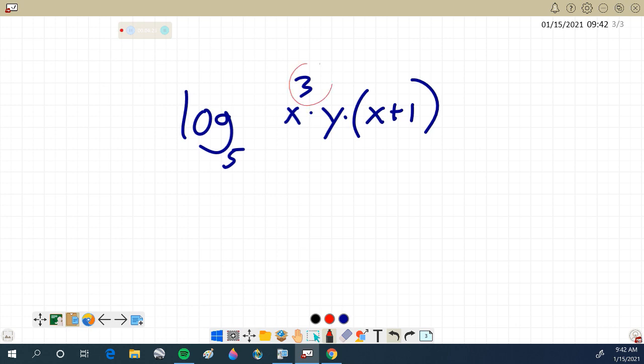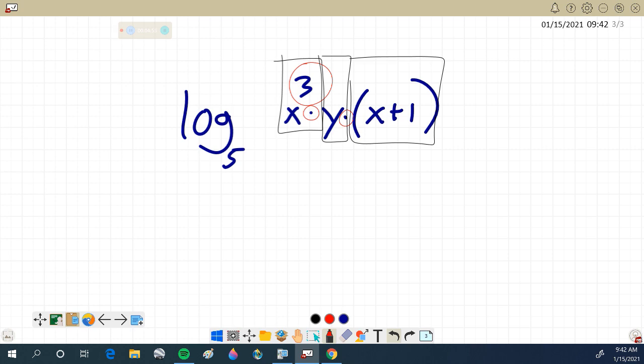We have a single exponent, and we also have two sets of multiplication, so we have three factors. So we can split each one of those into its own positive logarithm. So this gets its own log, this gets its own log, and this gets its own log.